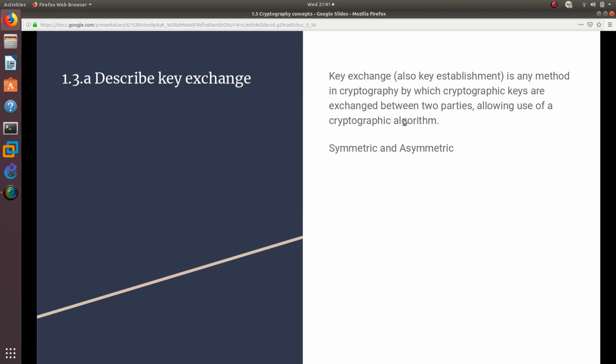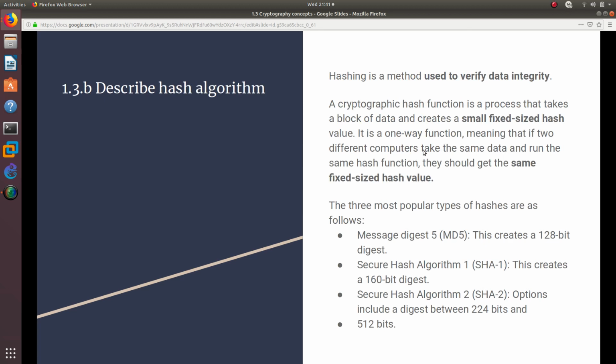Okay, and some of them that are used are symmetric and asymmetric. And we are going to discuss that on another slide that I have coming on. And then we are going to now describe what a hash algorithm is.